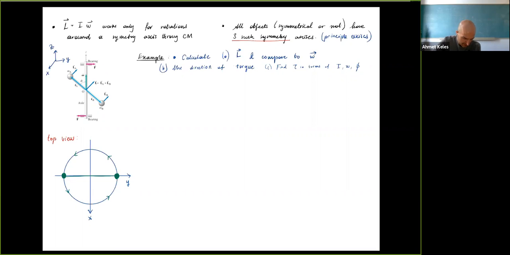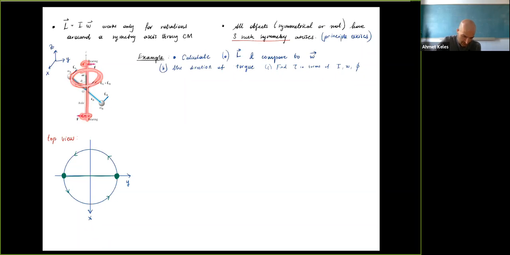You have a stick like this with length RA plus RB, and at the end of the stick there are two masses, MA and MB. And this stick is fixed on another stick with some angle phi. And this second stick is stabilized with these bearings, and this whole thing can rotate like this.